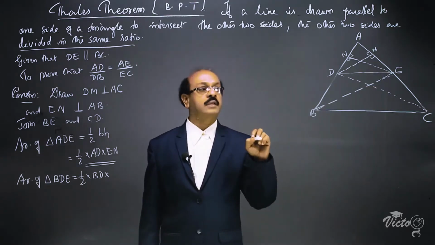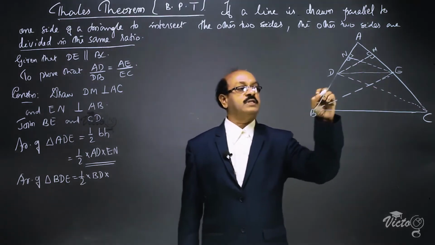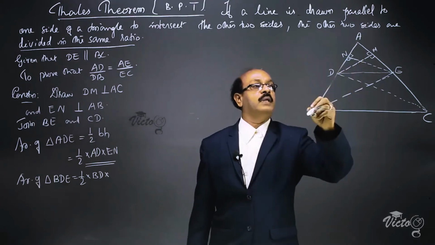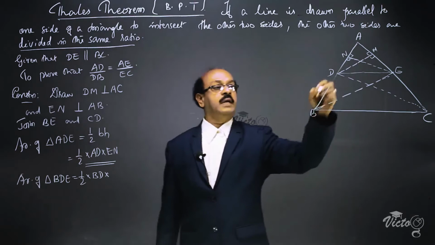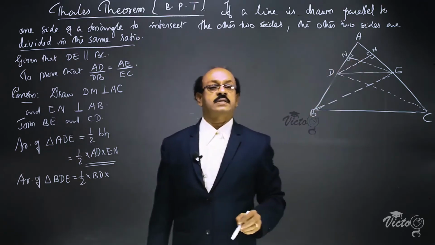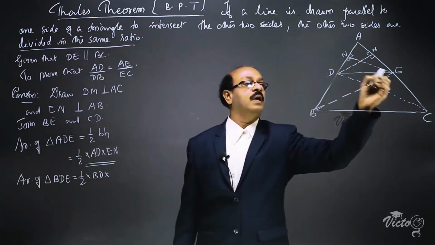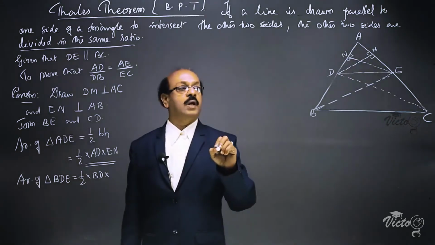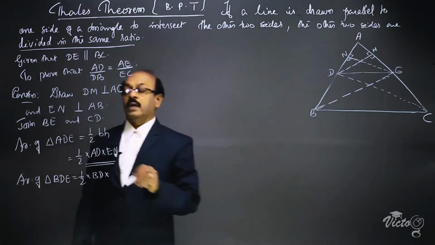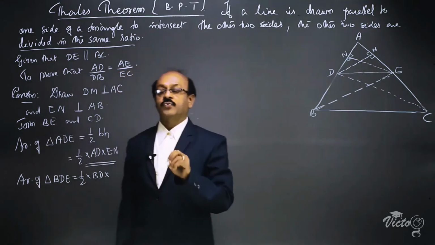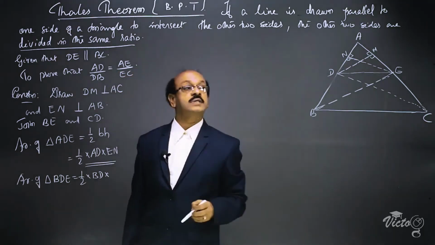So we will take the perpendicular which is drawn to the line segment AB, which is an extension of the side BD. BD is extended to the vertex A, and we take EN as the perpendicular or the altitude of triangle BDE. So area of triangle BDE is equal to half into BD into the altitude, which is EN itself.